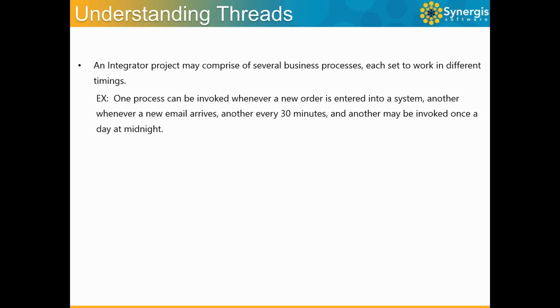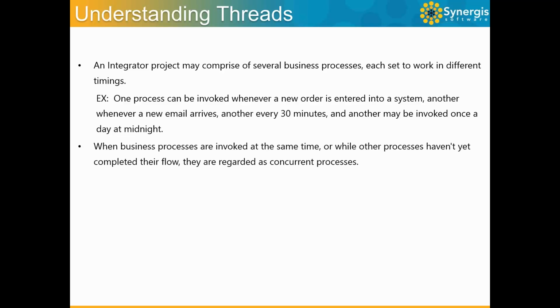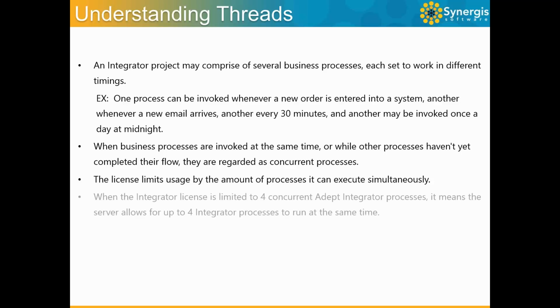An integrator project may comprise several processes, each set to work in different timings. One process can be invoked when a new order is entered, another when a new email arrives, another every 30 minutes, and so on. When processes are invoked at the same time, or while other processes haven't yet completed their flow, those are regarded as concurrent processes. The license limits usage by the number of processes it can execute simultaneously.